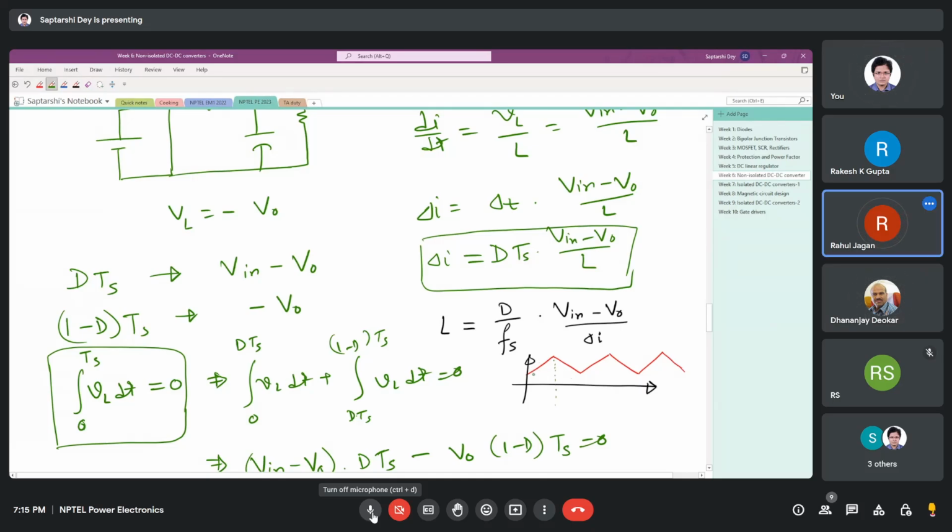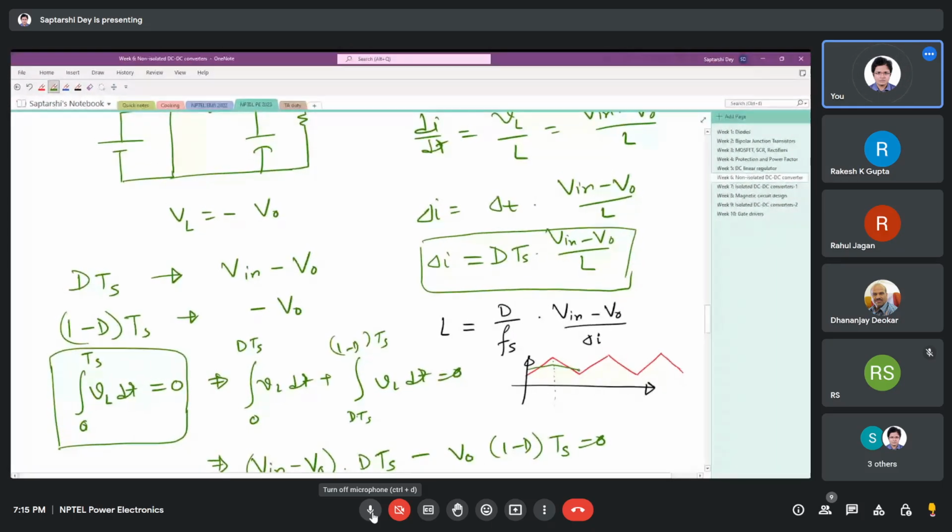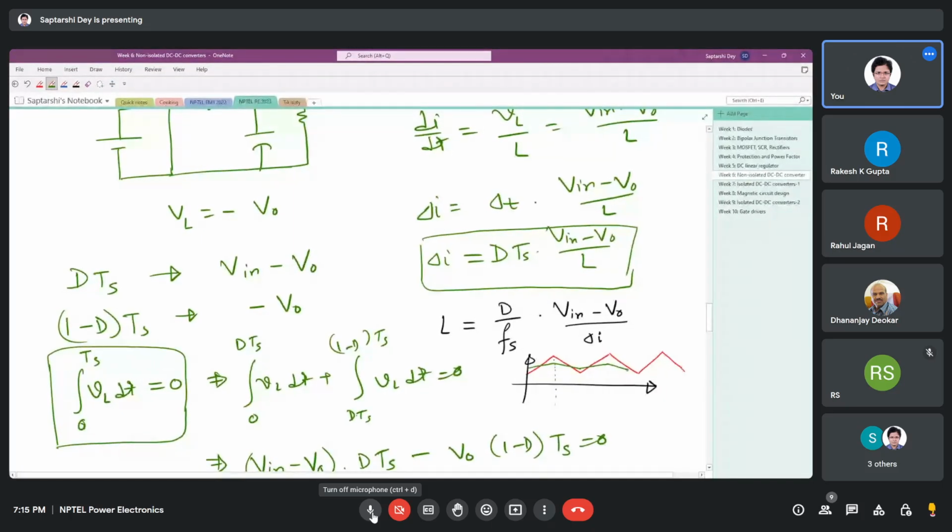So in other words, with increasing frequency you have smaller ripple for the same value of inductor.